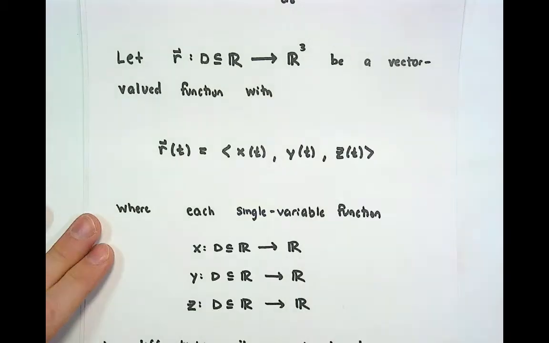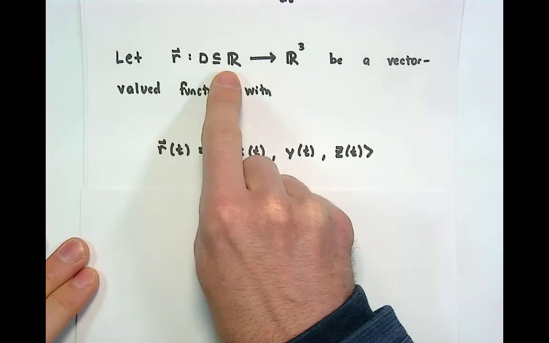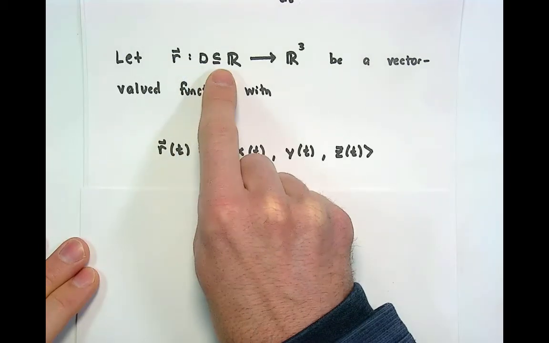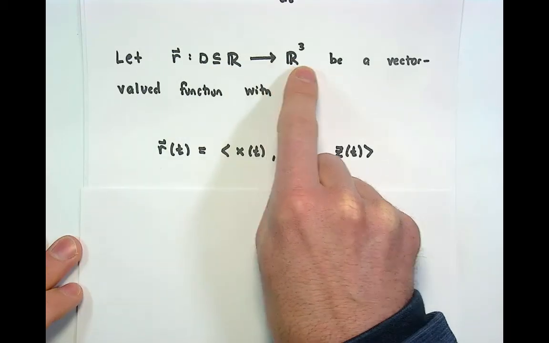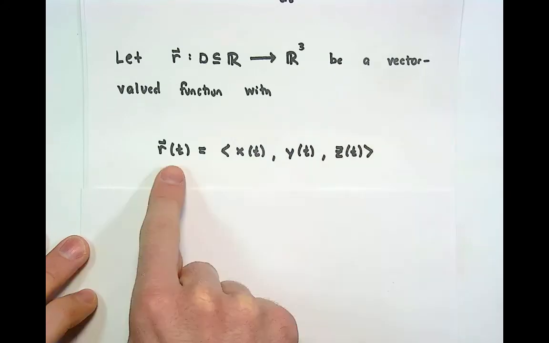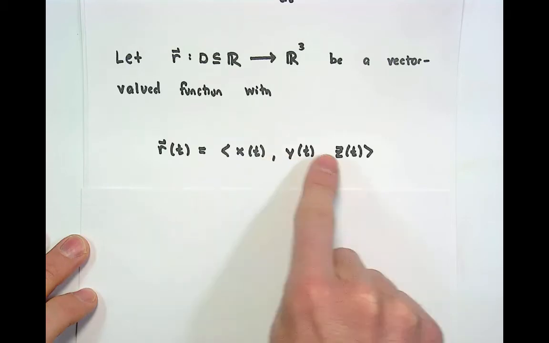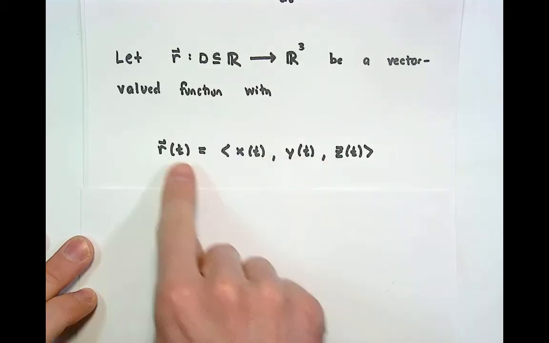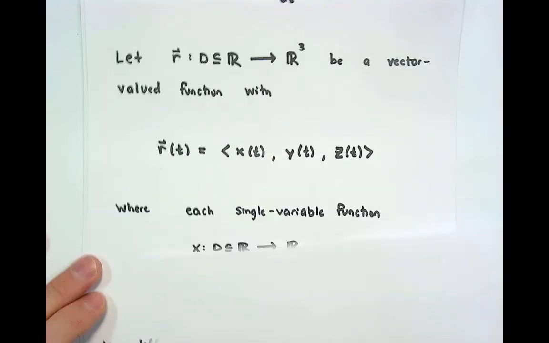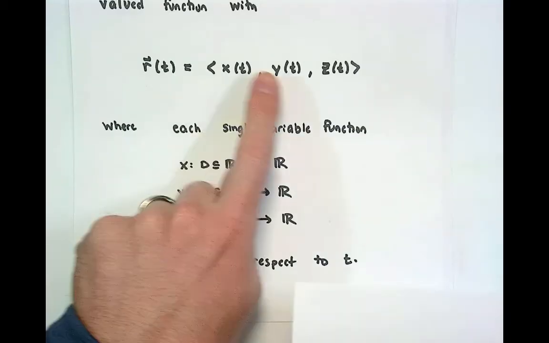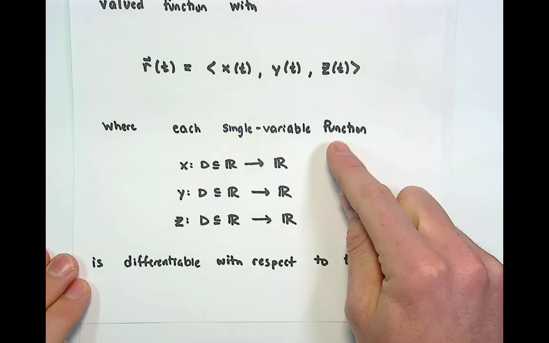So remember that a vector-valued function r that goes from some subset of R, so a single variable input, into, in this case, R3, so 3 components of the output, could be written parametrically as x of t, y of t, z of t, aka a single variable input, 3 outputs, where each of the components is given as a single variable function, which is really exciting.